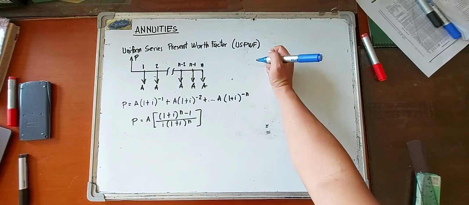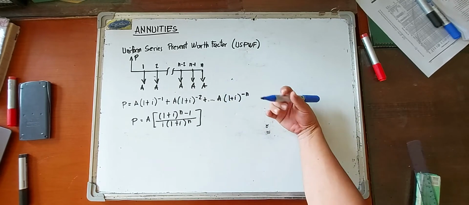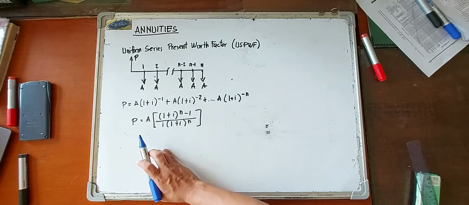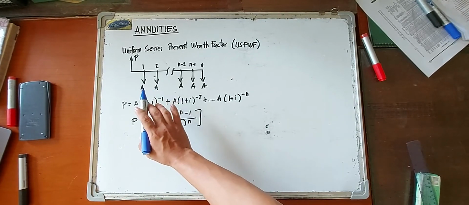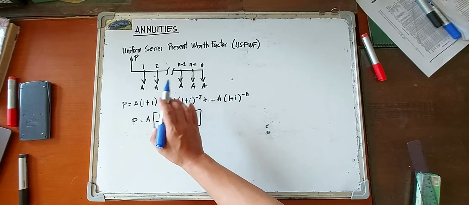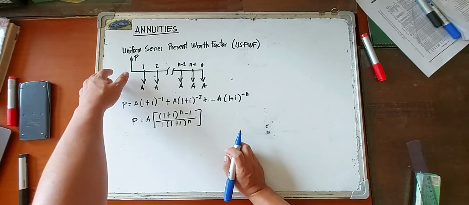The first case would be the uniform series present worth factor. That means given the annual payments or payments for each period at the end of the period, we are going to solve for the initial deposit.